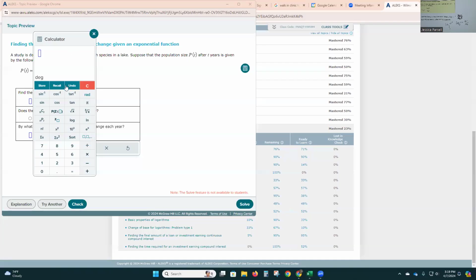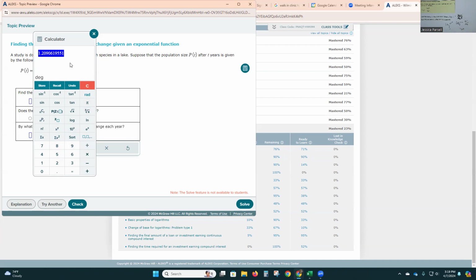So let me share my screen. All right, so you got to do this in steps. So I'm going to clear this out. So I want to do log of 7. I want to hit equals. Then I want to divide that by the log of 5. And then I want to hit equals. And 1.209, I guess they want us to go out to the nearest thousandths. So we're going to call it 1.209.